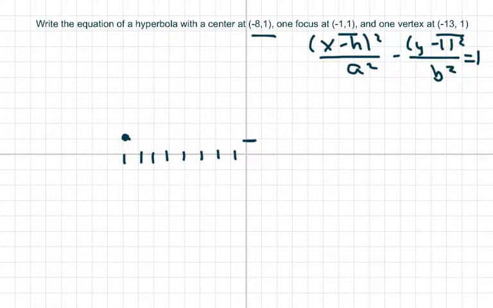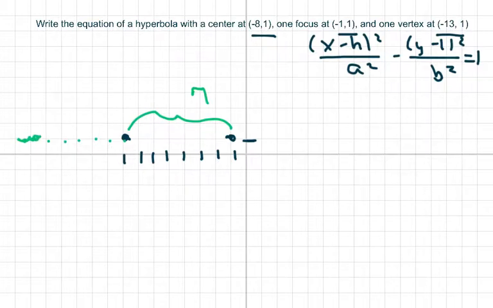We know one foci is at negative 1, 1, which is here. So we know the difference between these is 7. So I know the other foci, I'm just going to add or subtract 7 from -8, which would go 1, 2, 3, 4, 5, 6, 7 here. So there's the other foci on this part.